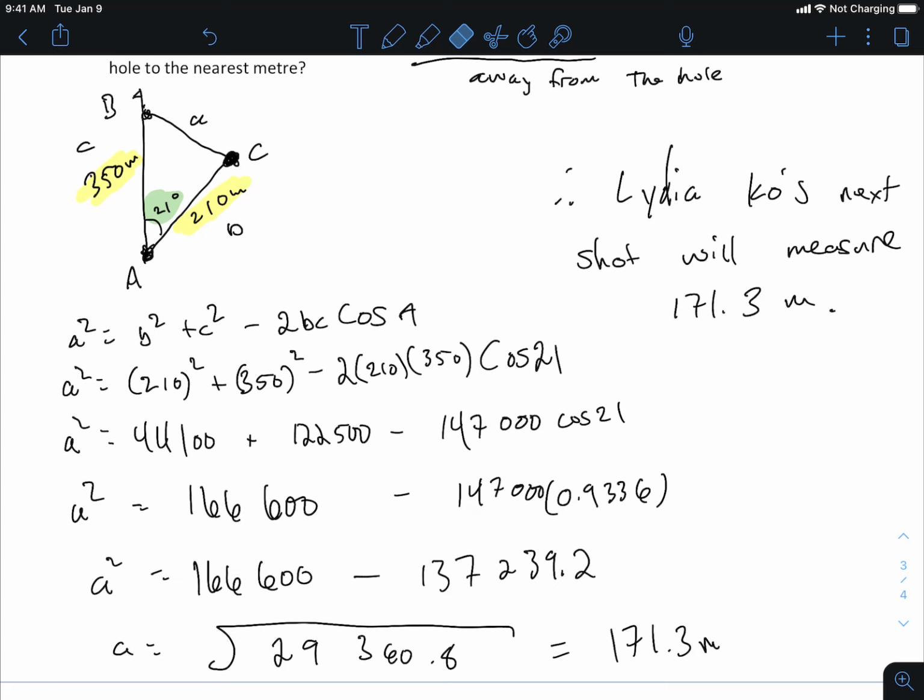You can have a second to ponder on that. We'll run through it. It's very much a calculator exercise.